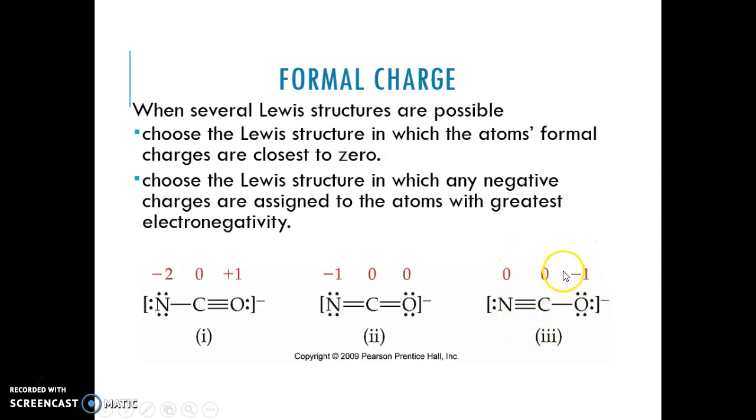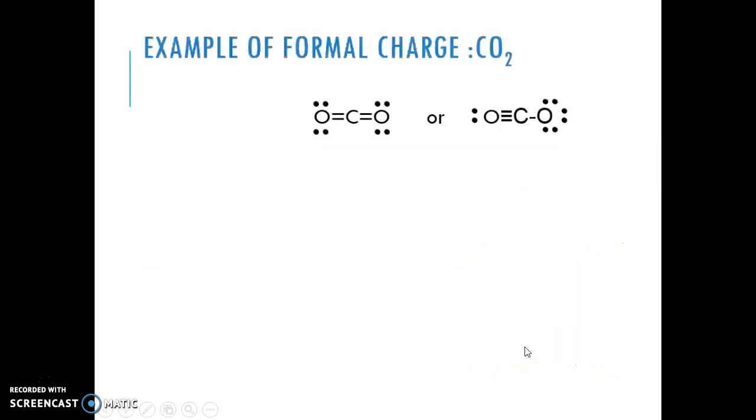Still 0 for carbon. Now oxygen gets the negative because it's been assigned 1, 2, 3, 4, 5, 6, 7, so 1 extra than it should have. So we're going to cross this one out for sure. Now we've got to pick between these two. They're all pretty low, but oxygen gets the negative here, whereas nitrogen gets it here. So this is actually most likely the structure that you're going to see.